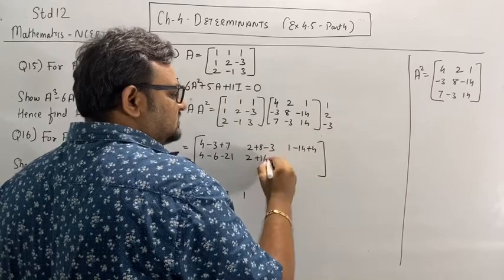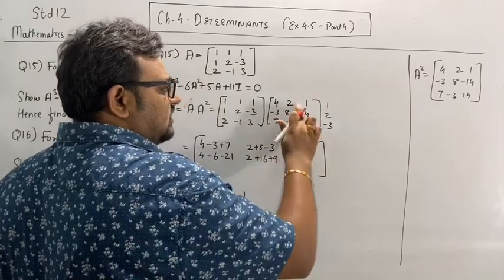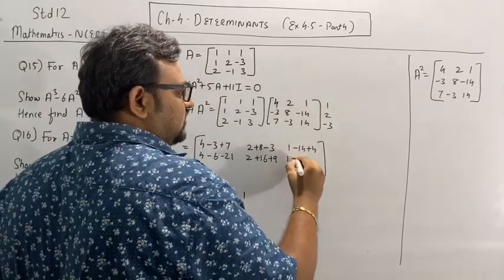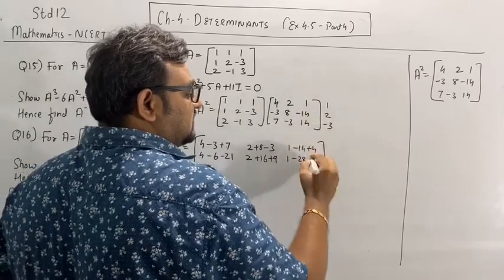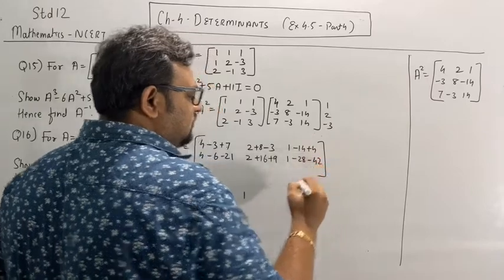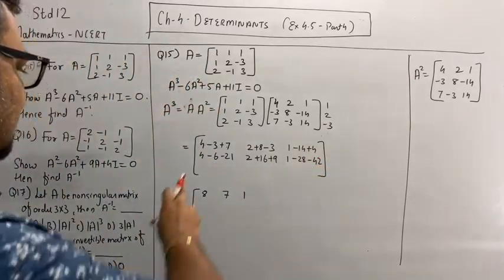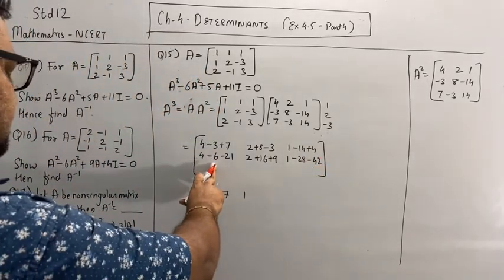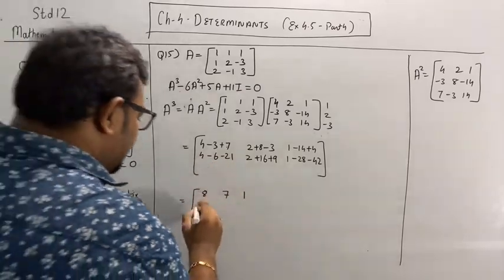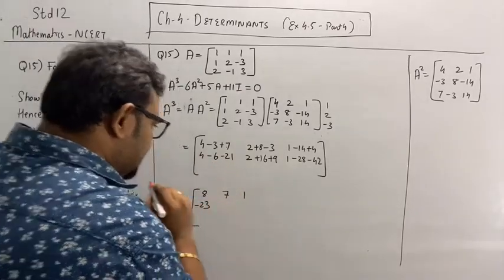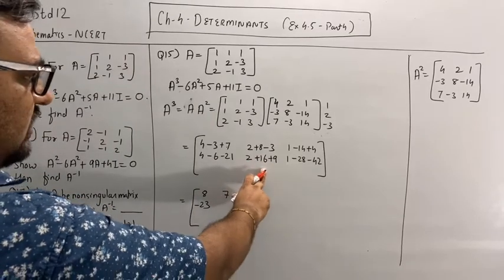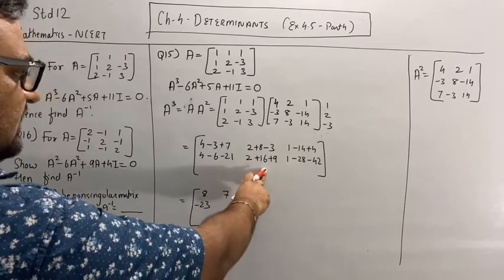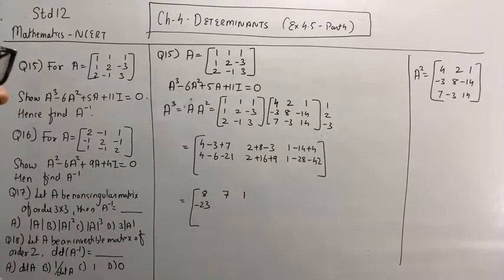Minus 3 into minus 3, plus 9. 1 ones are 1. 14 twos are 28, and minus, so minus 28. 14 threes are 42, and minus, so minus 42. So let's calculate: 4 minus 6 will be equal to minus 2, minus 21, minus 23. 2 plus 16 is 18, and 18 plus 9 is 27.